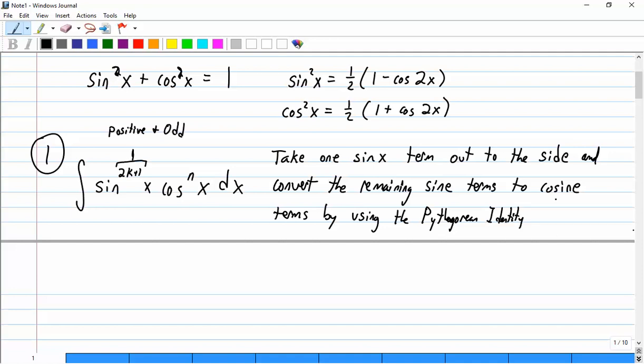All right. And what's the formula we would use? If we're changing sine terms over, we would use sine squared x equals what? 1 minus cosine squared x.